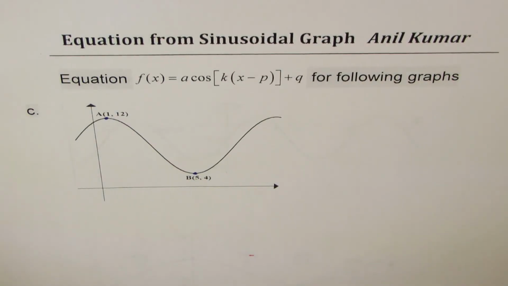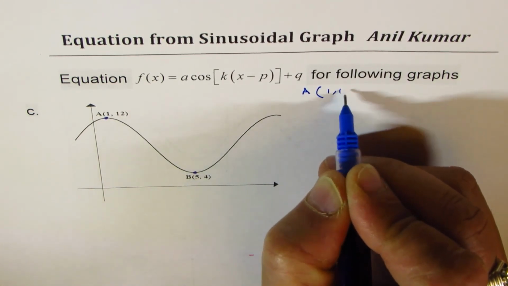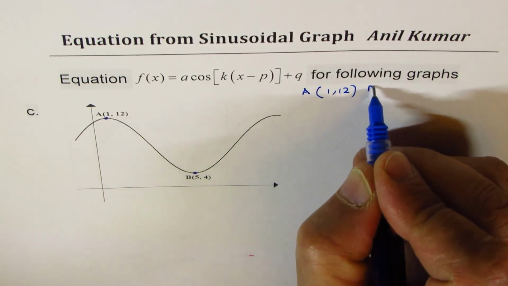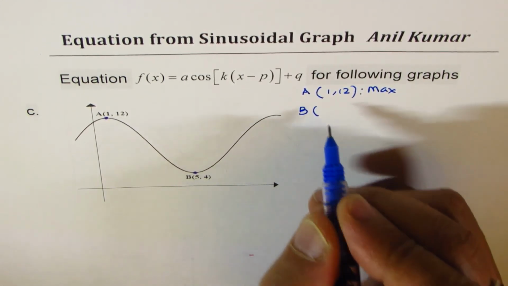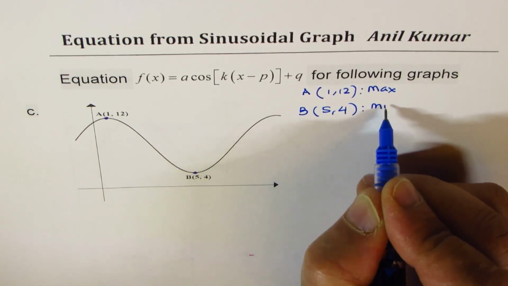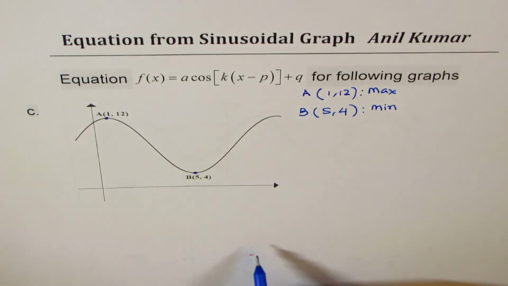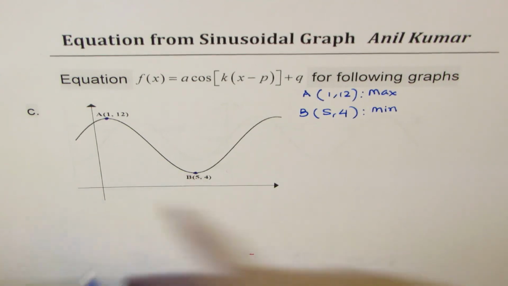Now let us try to find the equation. So here we are given 2 coordinate points, A, which is 1, 12, and this is also the maximum. And we are given B, which is 5, 4, which is minimum for the graph. So if you are taking distance between maximum and minimum, that is half the time period.